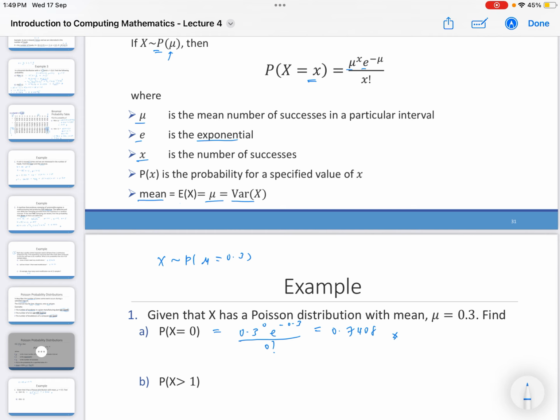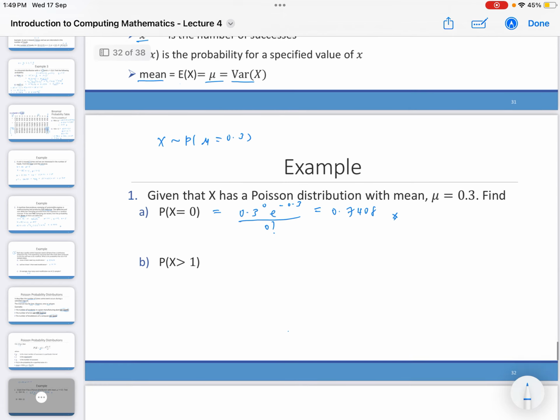Okay, now let's look at B. We want the probability of X greater than 1. For Poisson, we count the number of something, or the average number of something, in a specified interval. When we count, the number can go up to infinity. That is the difference between Poisson and binomial.